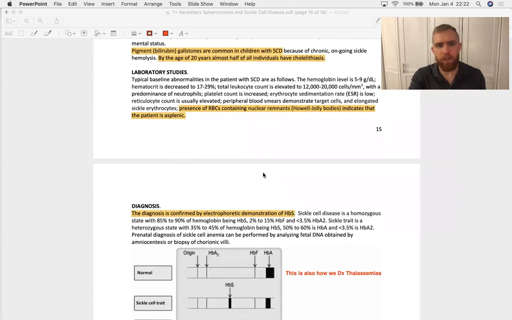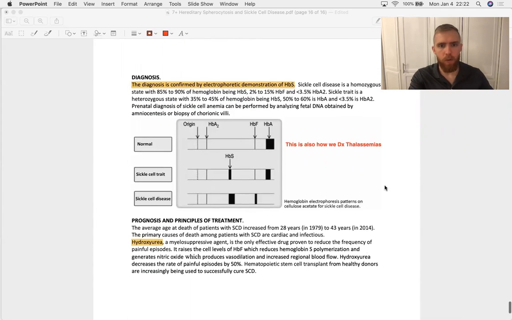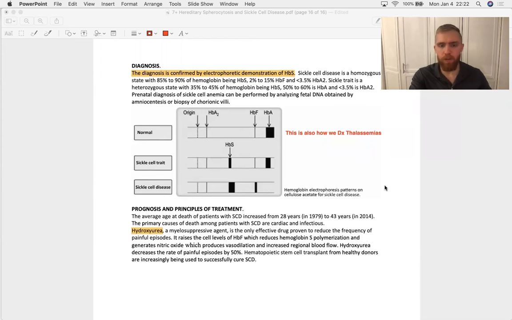So labs, what do you see? You see an anemia, it's normocytic. And if you do a smear, you see Howell-Jolly bodies, indicating the patient is asplenic. You confirm the diagnosis with gel electrophoresis, which separates particles based off size and charge. And this is also how we diagnose thalassemias, because all these different hemoglobins have different shapes and a little bit different charges, so they'll move different distances when you put them in this gel.